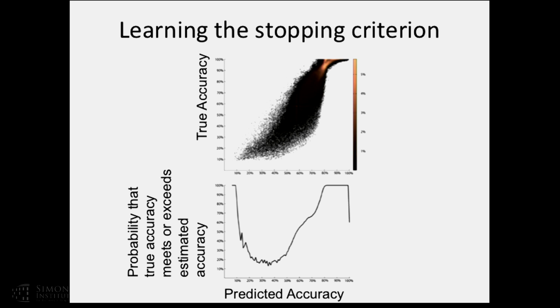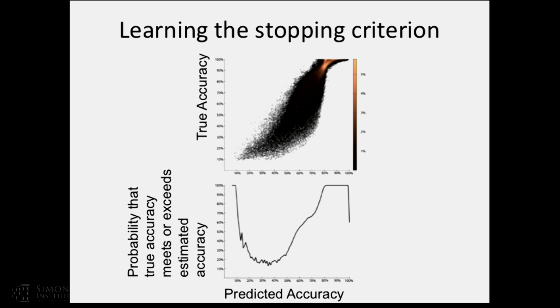And this is the probability that the real accuracy is higher than my predicted accuracy. So I'm estimating a lower limit for the accuracy. And for this whole space here, I can do that, right? It's only when I get all the way up to like 95%, saying that the accuracy is actually higher than 95%, of course, the probability of that is dropping off, okay?